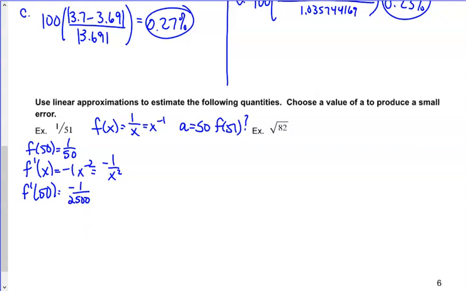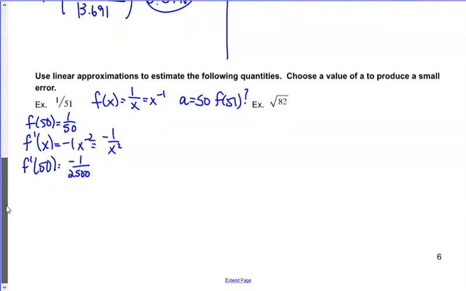And now I can find that linear approximation. So I'm going to do L of x. We've done that already before. Take f of 50, which is 1 over 50, plus the slope that's negative 1 over 2500 times x minus the a value, which is 50.